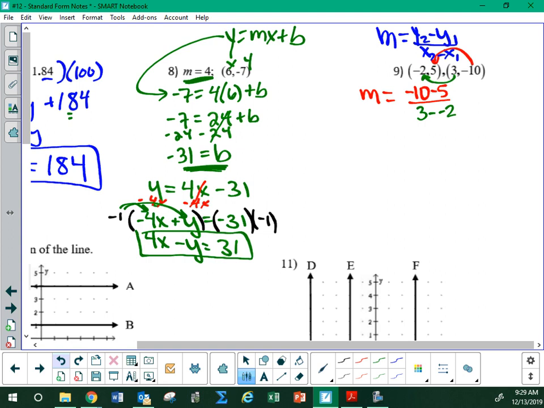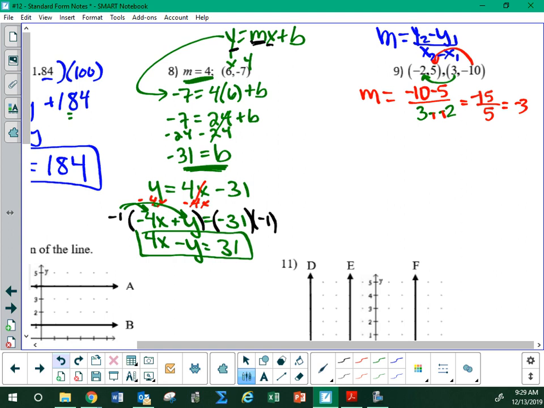You can use your calculator or use your noggin. I get negative 15 over 5, so negative 3. Okay, so I have my slope, just like we did the last few classes. And my equation here, fill in what we have. I have slope, I have x, I have y.